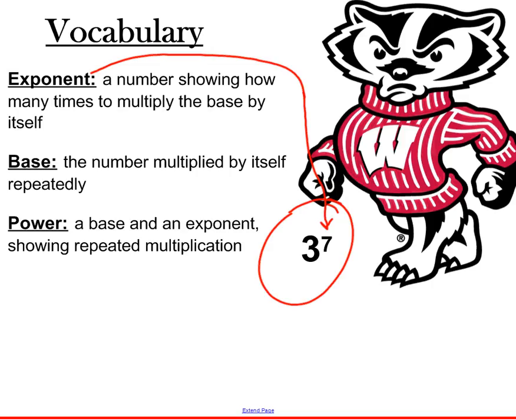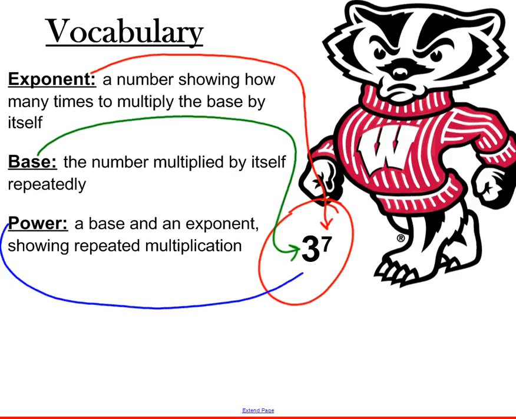The base is a number multiplied by itself repeatedly, and the base is the 3. The base and the exponent make up a power. A power is a base and an exponent showing repeated multiplication. So the whole thing is technically called a power.